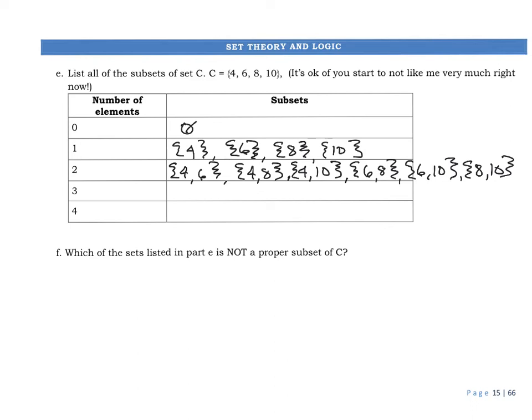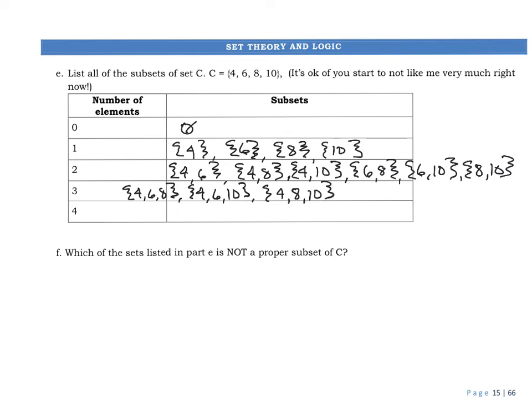All right, 3 elements. I'm going to even scooch over to the number of elements column here to make sure I have enough room. So let's start off with 4, 6, 8. Okay, what else could 4, 6 be grouped with? 4, 6, 10. Okay, what else could we do with the 4? Instead of doing 4, 6, we could skip on to the 8. So 4, 8, 10.